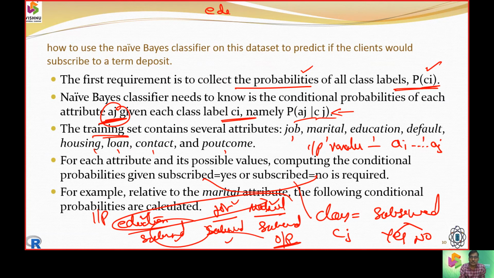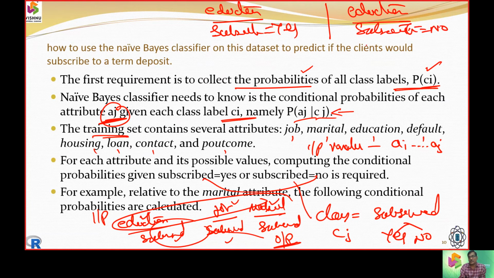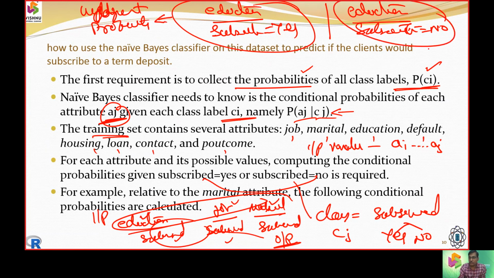So now I can say education given subscription equals yes, one set of entries. Education given subscription equals no, that is another set of entries. So we need to compute an independent probability here, and similarly we need to compute the independent probability for the other label also.